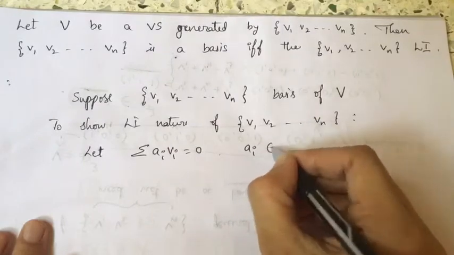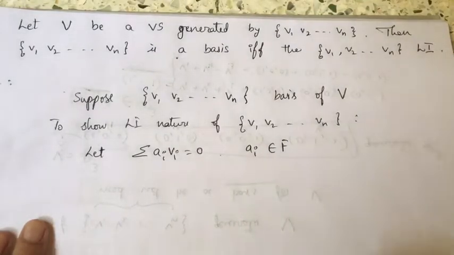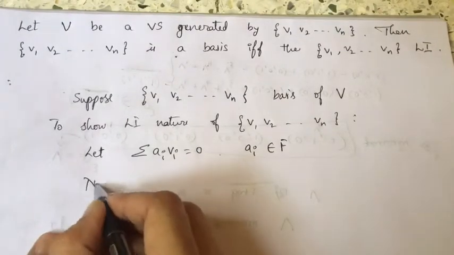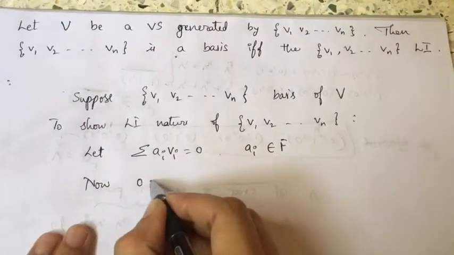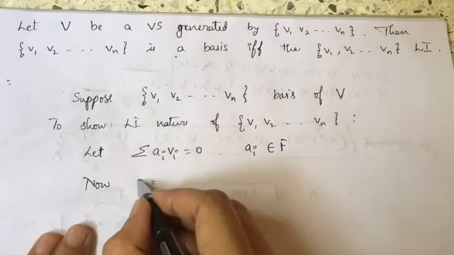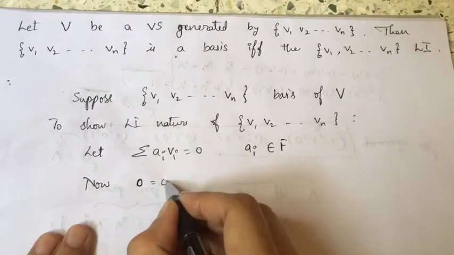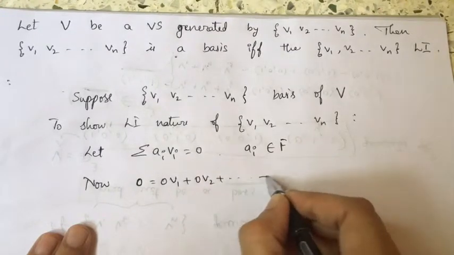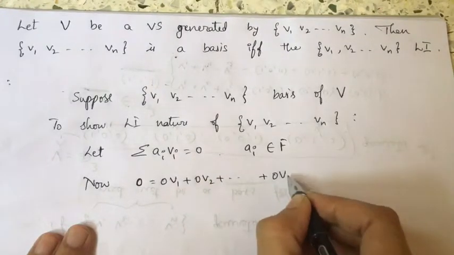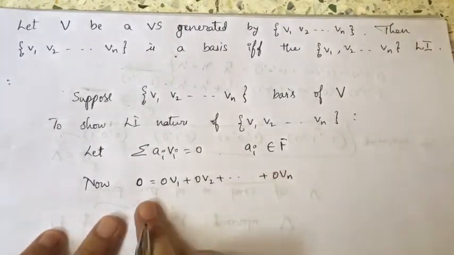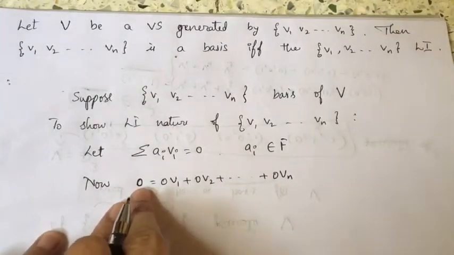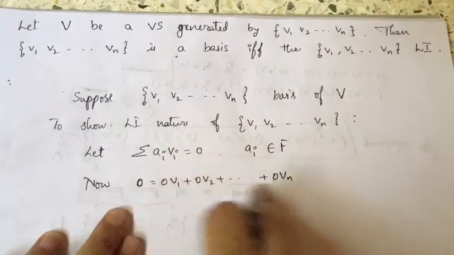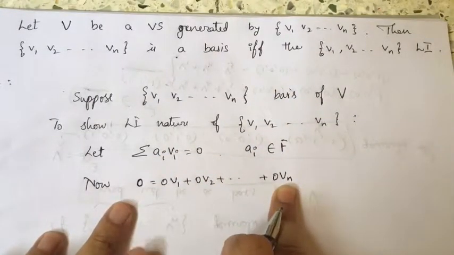All ai are from the field F. Now, any element 0 can be written as 0 into v1 plus 0 into v2, like that, 0 into vn. Now I know that since it's a basis, this expression is unique, right?